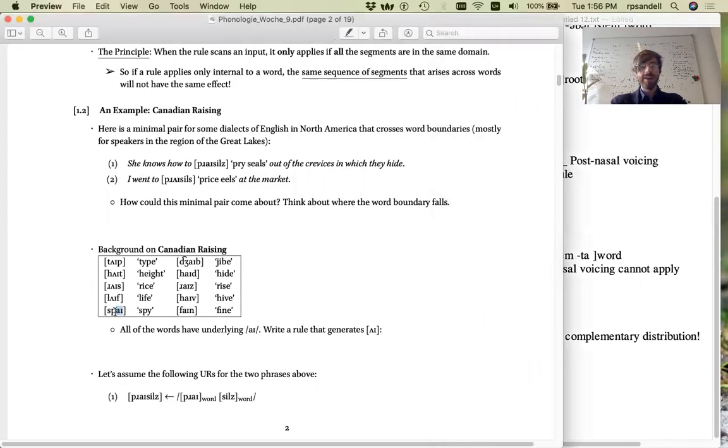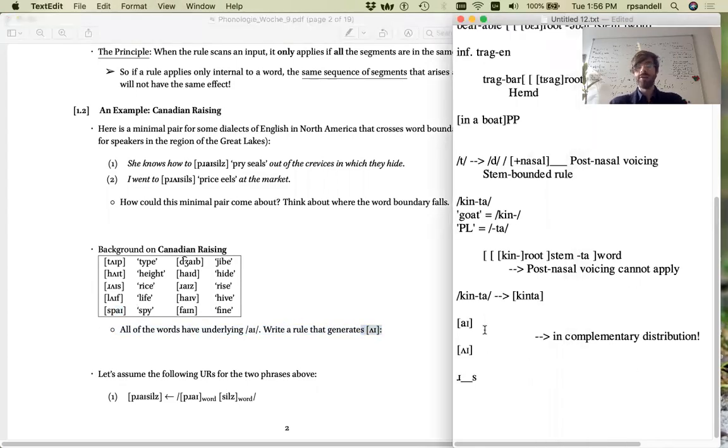And since we find the lower diphthong both before voiced consonants and at the end of a word, that means we can write a rule that will generate the raised diphthong from the underlying one. So this is fairly straightforward. We'll assume that the diphthong here will make our rule fairly simple, and we'll treat these diphthongs as unitary segments effectively.